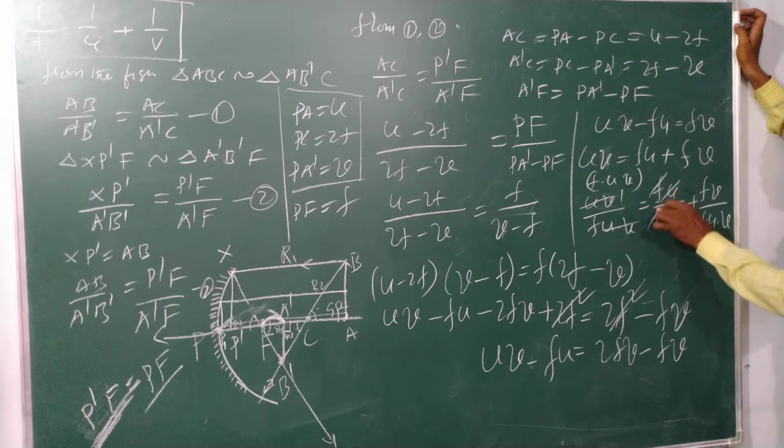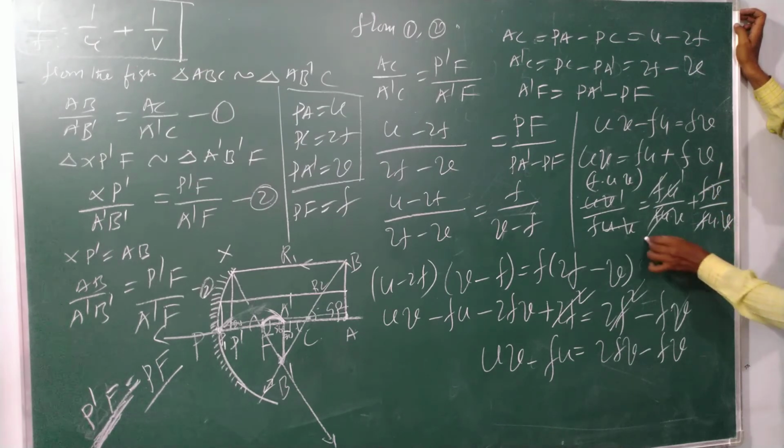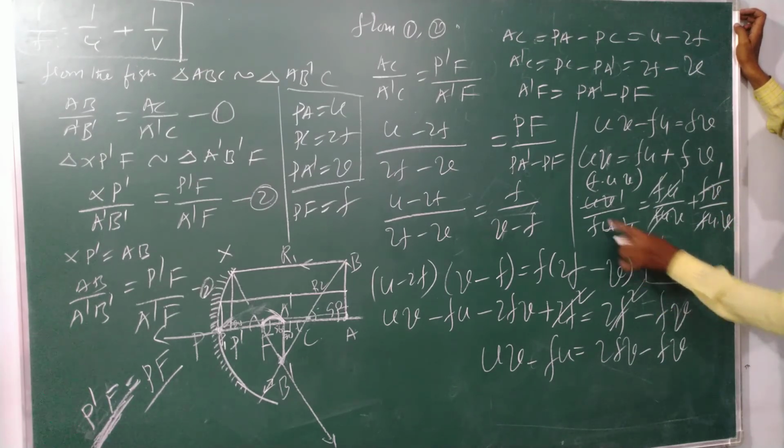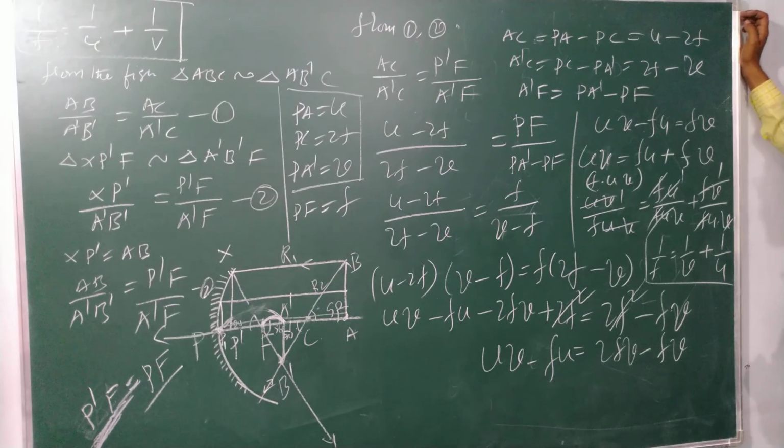FU gets cancelled, U gets cancelled. That means 1 by V, and 1 by U. So 1 by F is equal to 1 by V plus 1 by U. This is my answer. This is the relation between U, V and F.